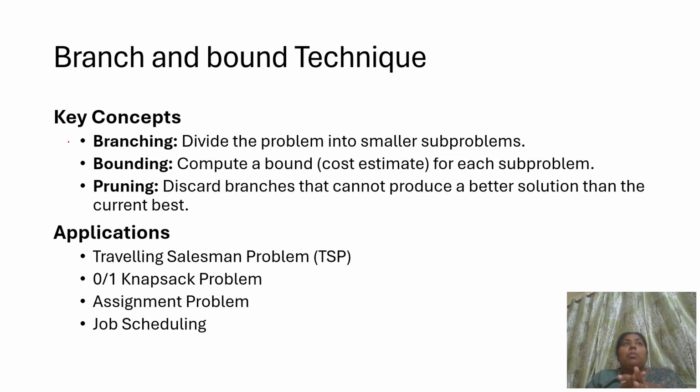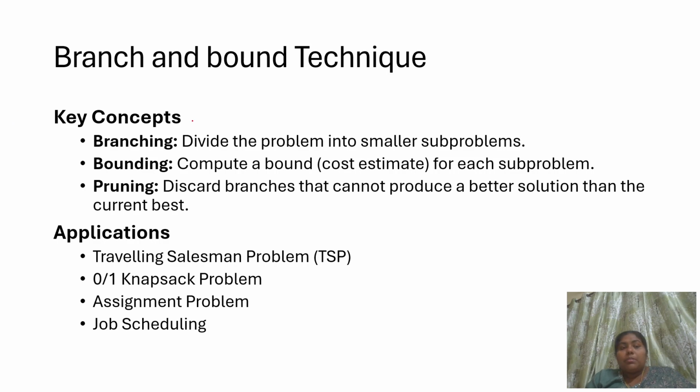That is the bounding function we use. If it is a minimization problem, we use a lower bound function. If it is a maximization problem, we use an upper bound function.